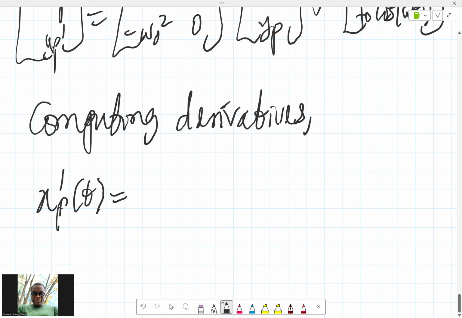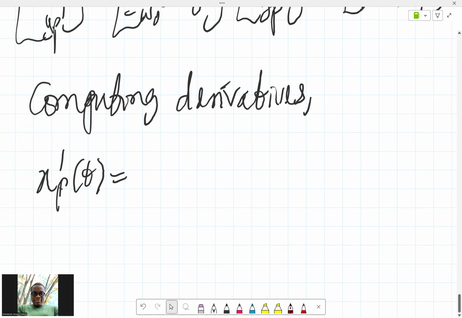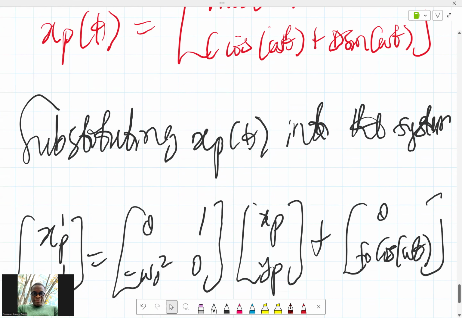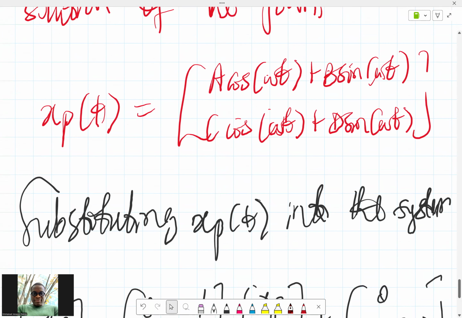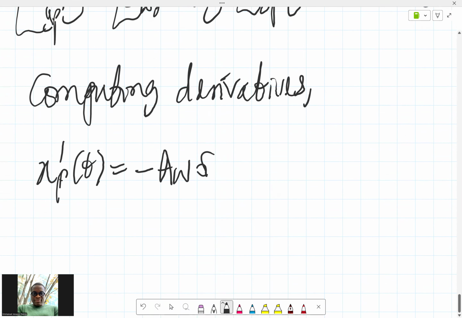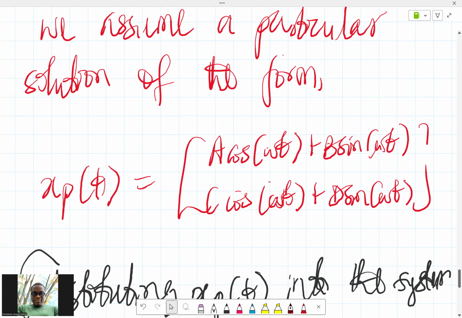For the xp we have it up there, so this is everything together. xp prime of t will just be, from the first one, a cos omega t plus b sine omega t, that'll be minus a omega sine omega t, plus b omega cos omega t. That's when we differentiate this first line here.